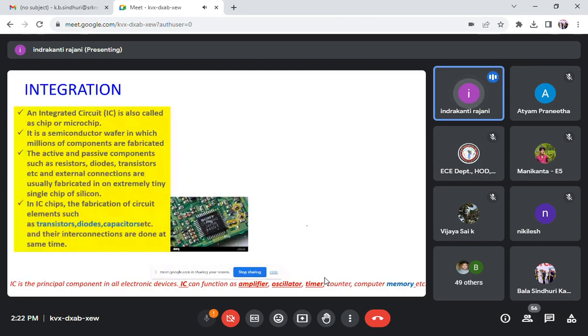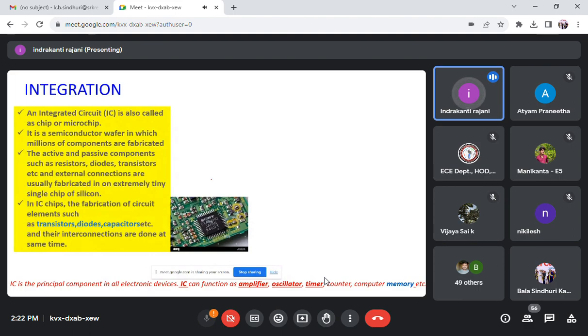We can make timer circuits on an extremely small chip design. Usually the external connections are made on a single chip of silicon, and the interconnections are also done at the same time.